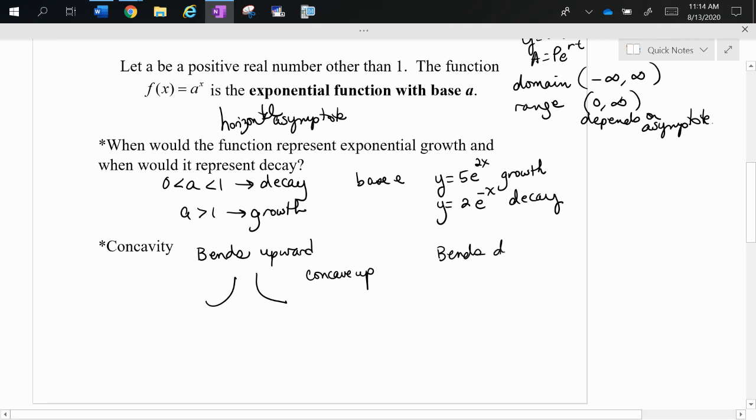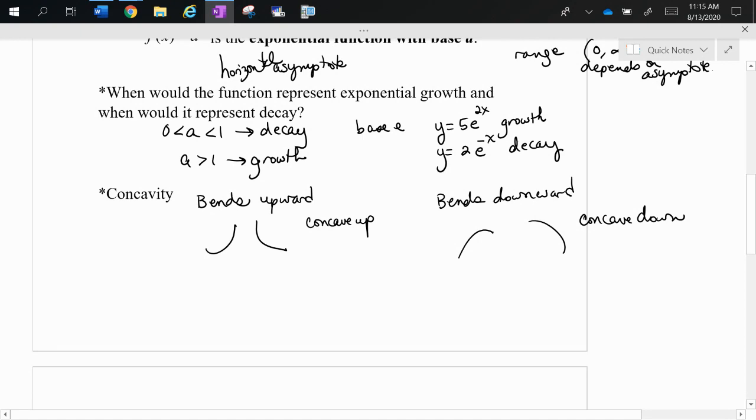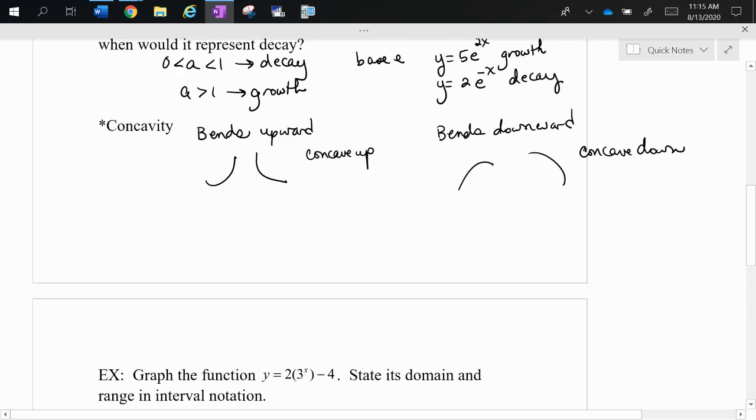And when the graph bends downward like this or like this, we say that is concave down. I think we probably remember that. What concavity tells us is not just that the graph is increasing or decreasing, but the rate at which it is increasing or decreasing. And we're going to get to that pretty soon.